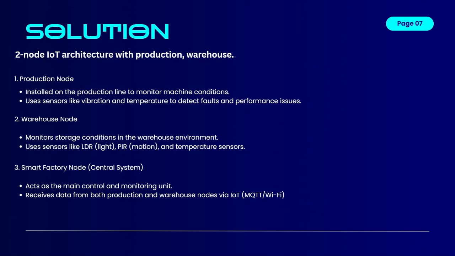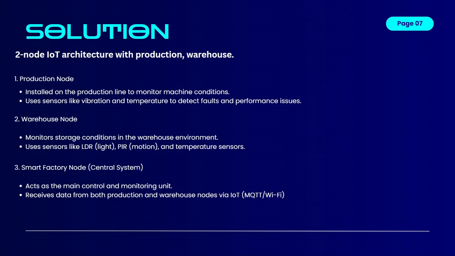Solution. In the solution, a two-node IoT architecture with production and warehouse. Firstly, the production node. Production nodes are installed on the production line to monitor machine conditions, and use sensors like vibration and temperature to detect faults and performance issues.